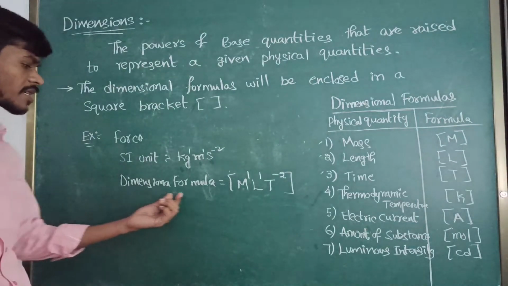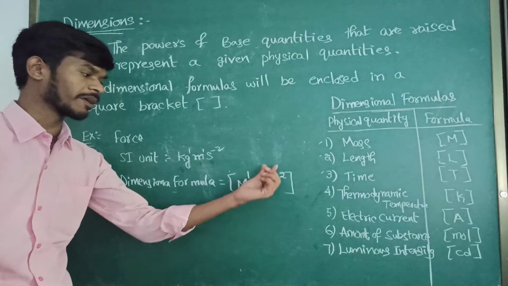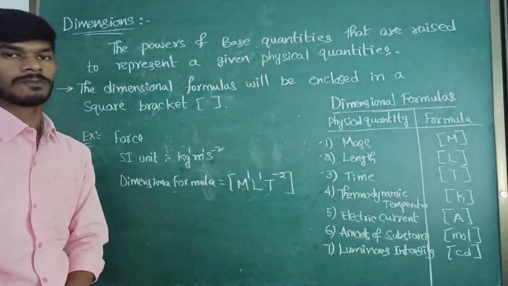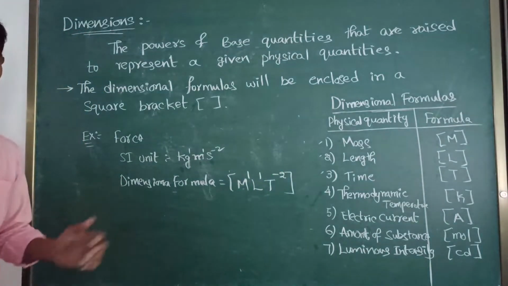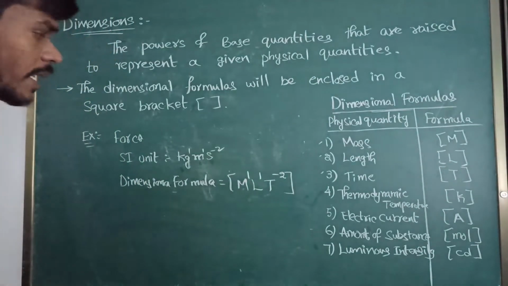This is the dimensional formula of force: M power 1, L power 1, T power minus 2.